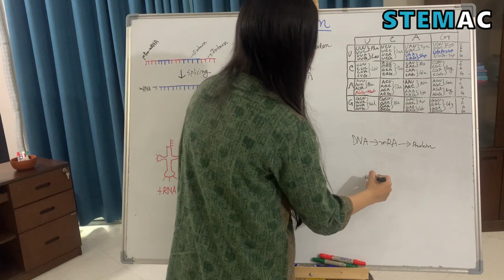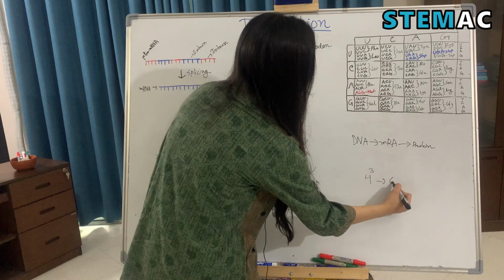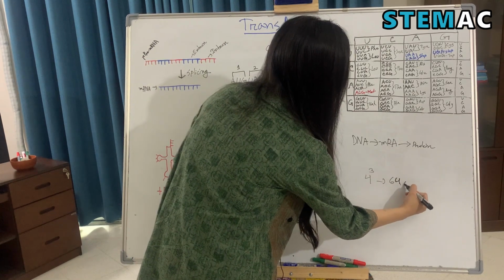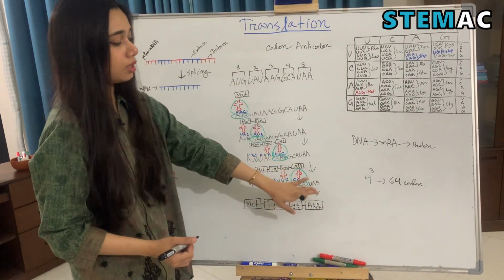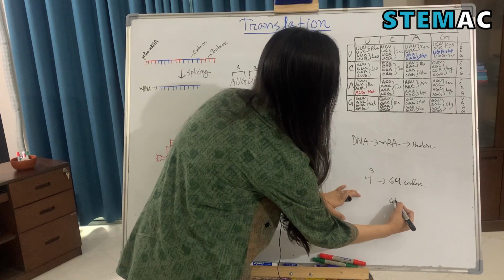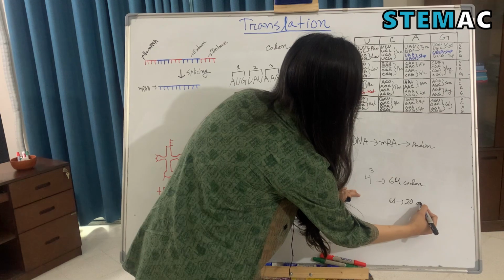So from 4 bases and the triplets, we get 64 codons, right? And from those 64 codons, 61 codons will code for 20 amino acids.